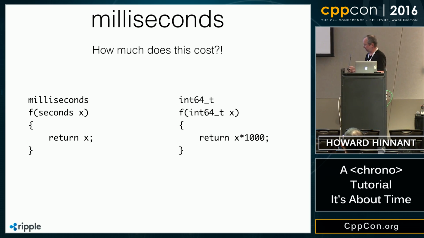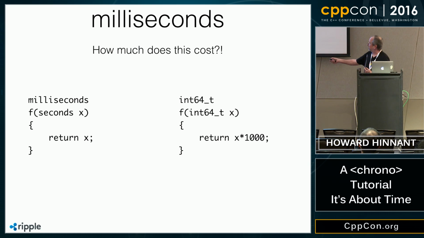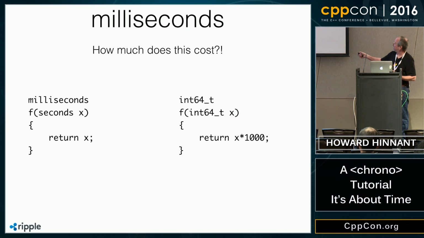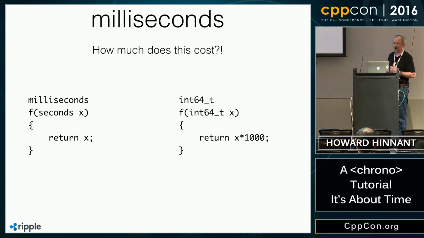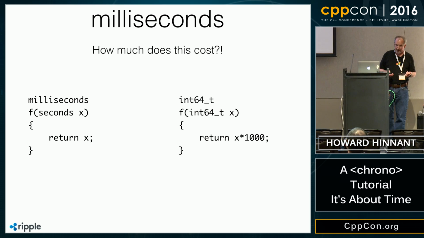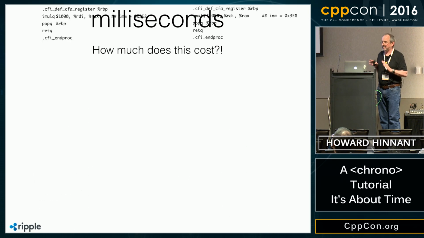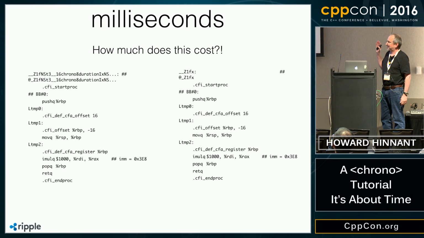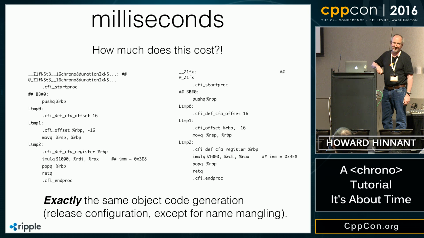Once with the chrono library, and we have an implicit conversion here from seconds to milliseconds, and then in the caveman Neanderthal sort of way, where we multiply by 1,000. Compile both of these, optimizations on, the exact same object code gets generated, except for the name mangling. So there is really no cost at all, no runtime cost to using the chrono library.